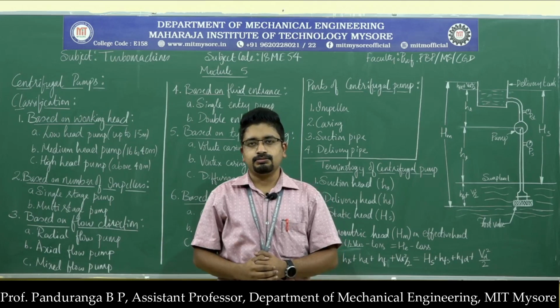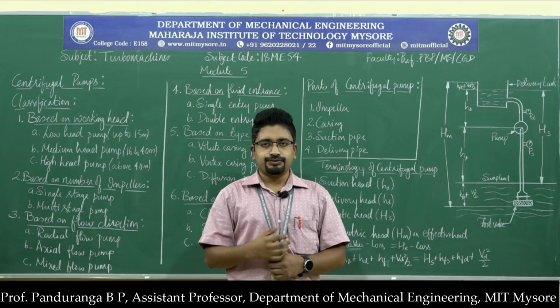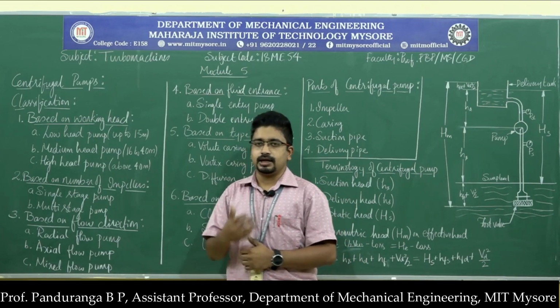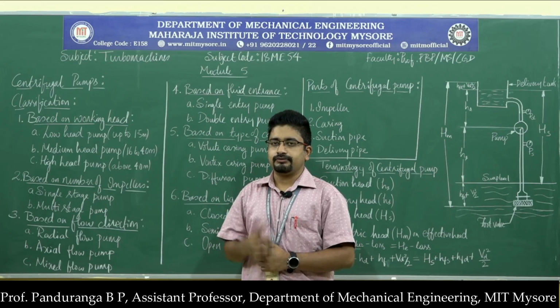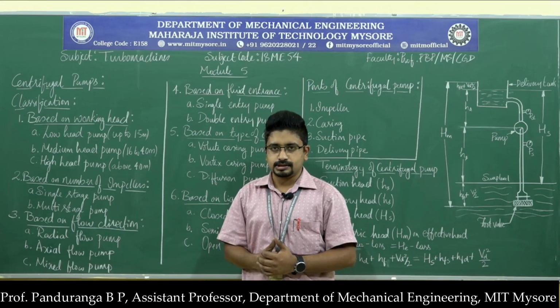So that is the basic function of a centrifugal pump. We increase the pressure energy of the fluid, and for that we provide mechanical energy as input for the impellers.